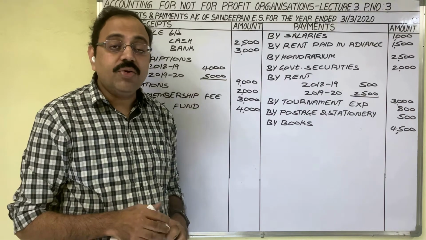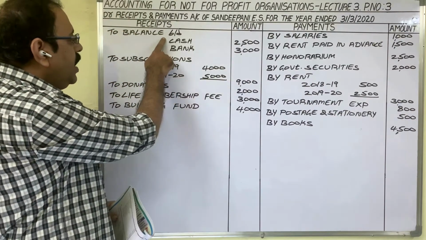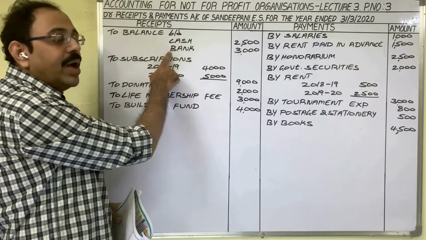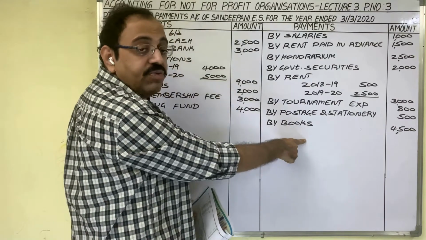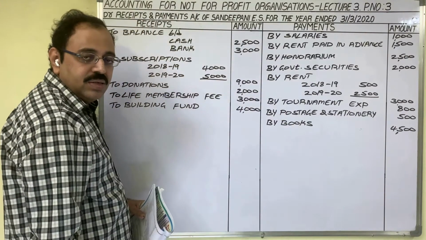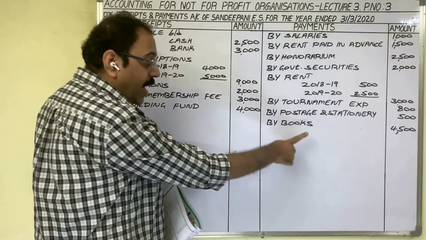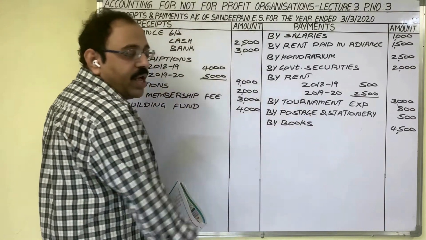Finally, we have to find out the closing balance. Observe, opening cash balance is given and bank balance is given. If the closing cash balance is given in the question, we compute the closing bank balance. If the closing bank balance is given in the question, we can compute the closing cash balance.